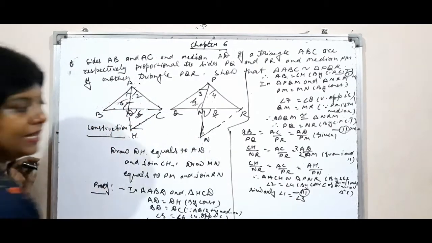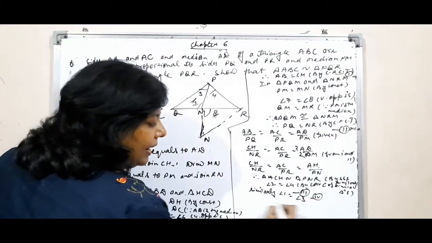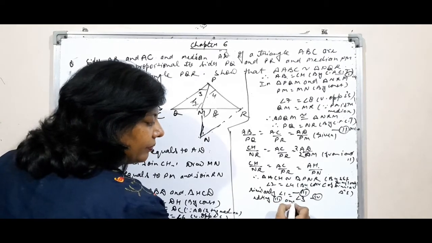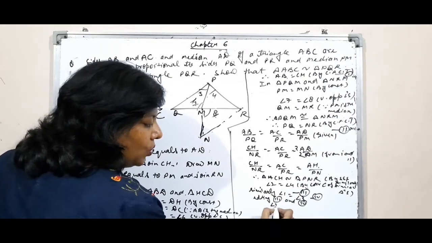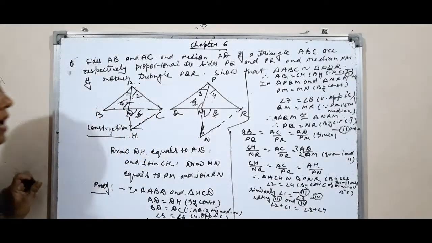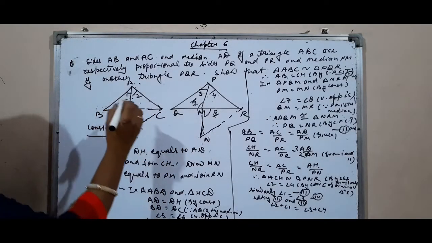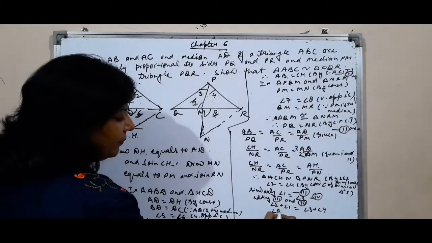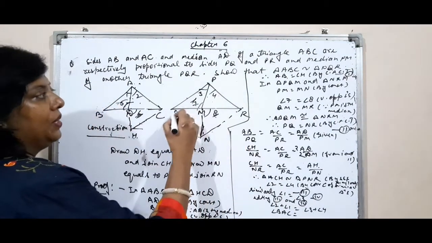It is your equation 4. Adding 3 and 4, angle 2 plus angle 1 equals to angle 3 plus angle 4. Angle 2 plus 1 is angle BAC equals to angle QPR.